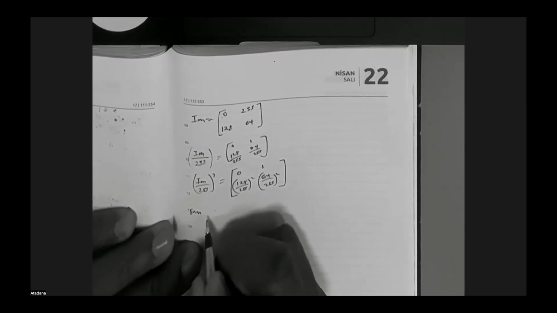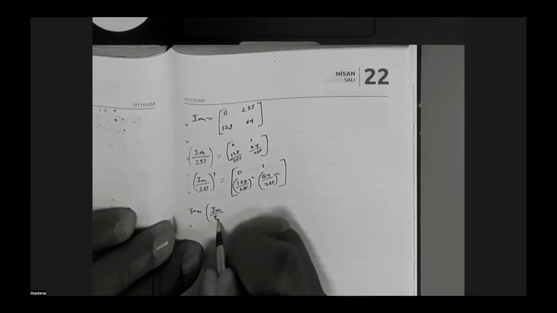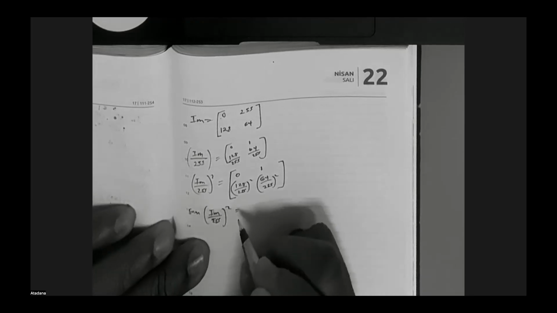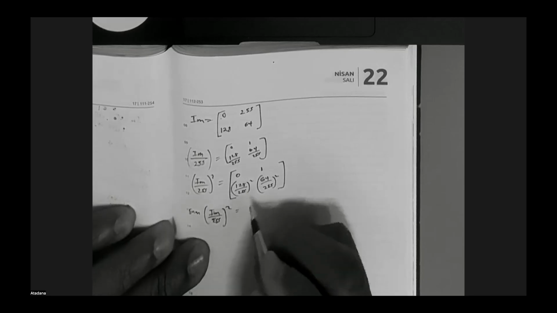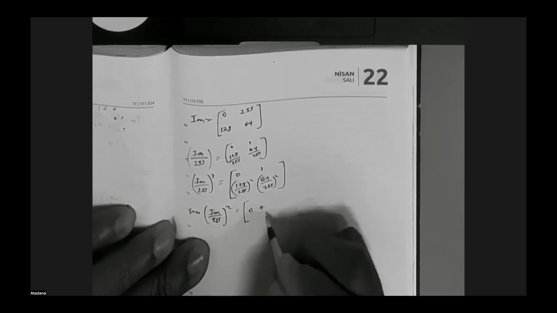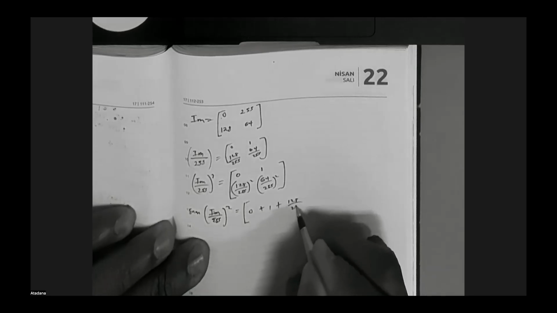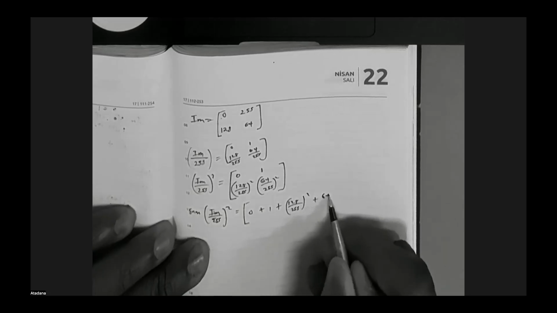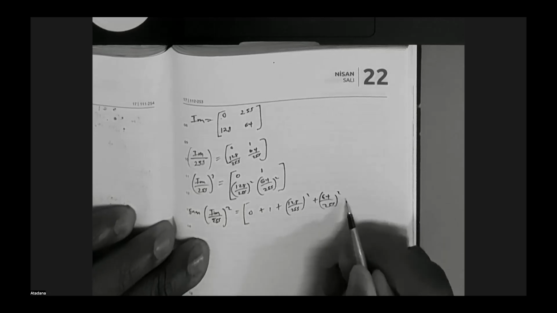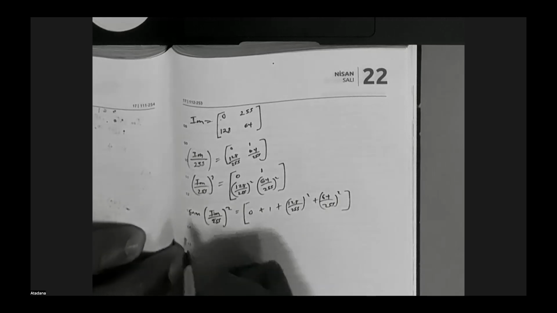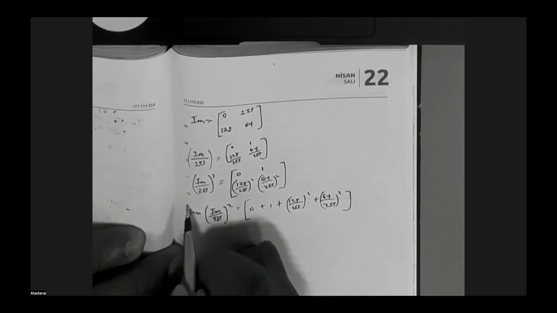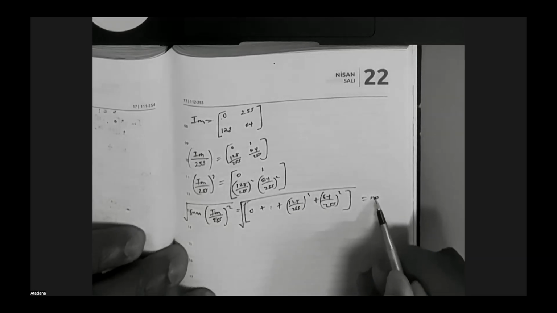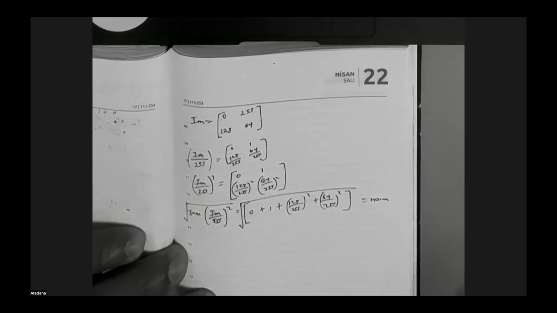So the sum of IM over 255 squared is equal to, I hope you understand this notation, 0 plus 1 plus 128 over 255 all squared plus 64 over 255 all squared. And to find the norm, we find the square root of this, and that is the norm. We can say the magnitude.